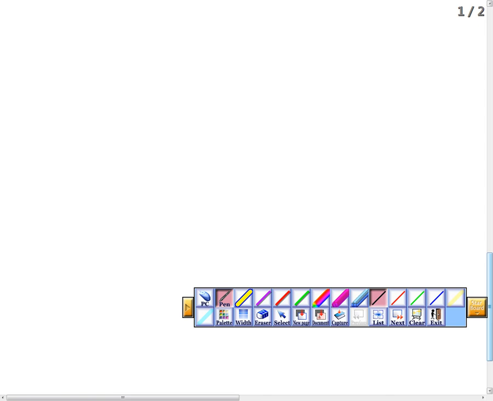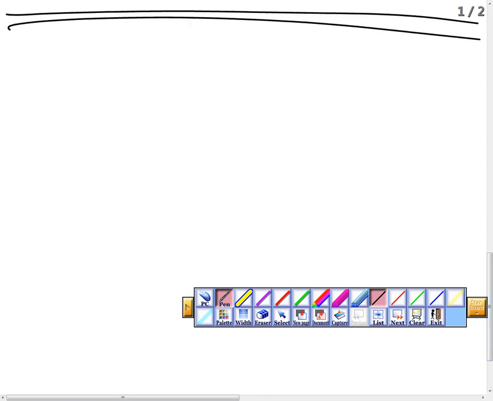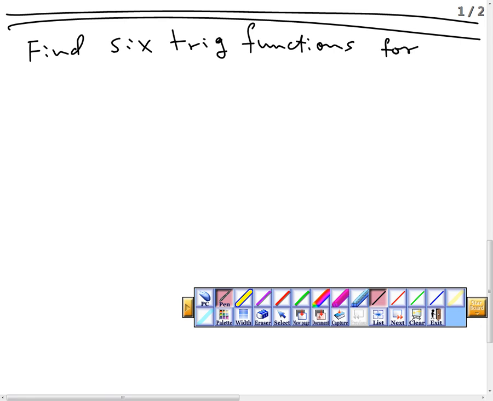Here we have: find the 6 trig functions for negative 5, comma 0.